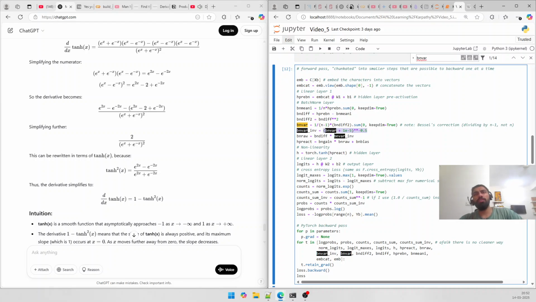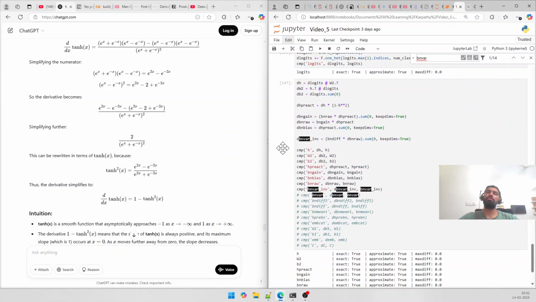It's 1 by a plus c to the power 0.5, right?